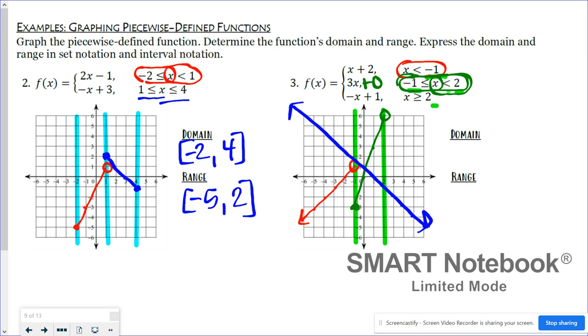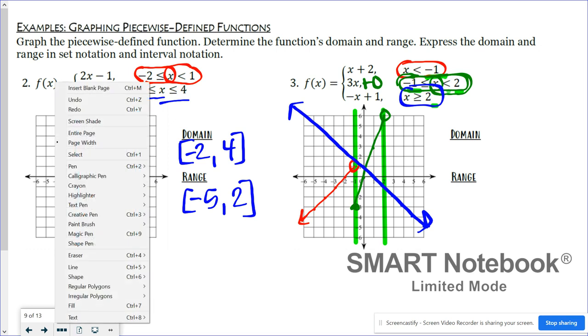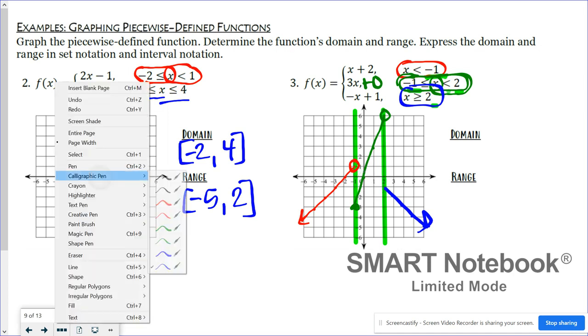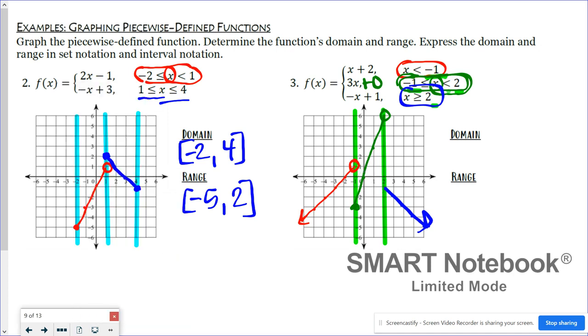Now this piece lives where all my x's are greater than or equal to 2. So I need to erase any pieces that are in the wrong neighborhood. And then I just need to consider what's happening at the fence. X is greater than or equal to 2, so that indicates a solid circle. So here's my function. Isn't it great?